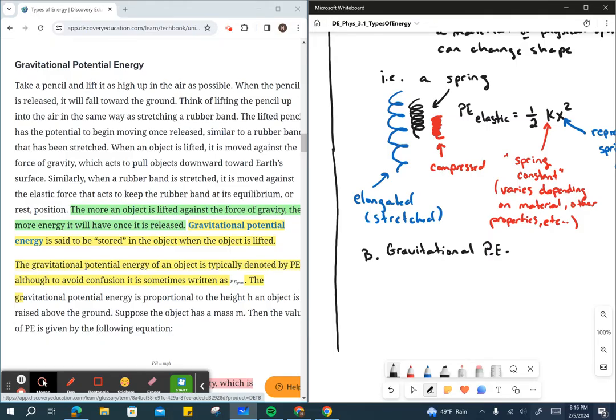Well, what happens if you go to the tallest building in the world? You got even more potential energy because the height has changed, right? So in green, it says the more an object is lifted against the force of gravity, the more energy it will have once it is released. Gravitational potential energy is said to be stored in the object when the object is lifted. Okay.